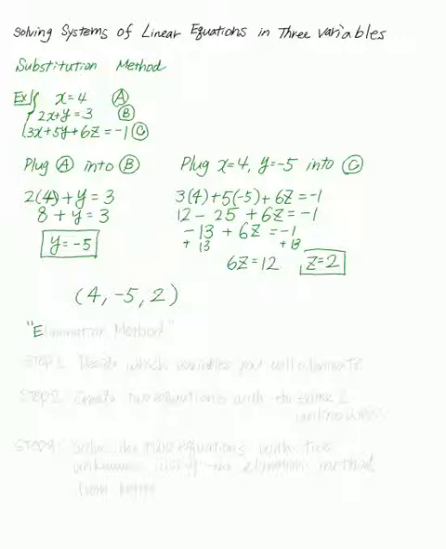Next, we're going to use the elimination method. This one's much more practical. And the steps that we're going to use, step number 1, is we need to decide which variable you're going to eliminate.